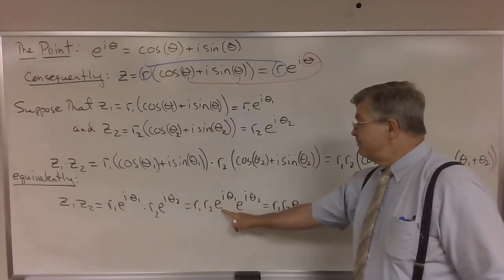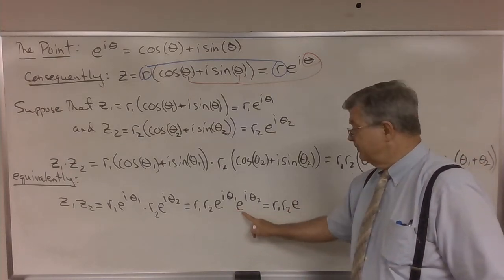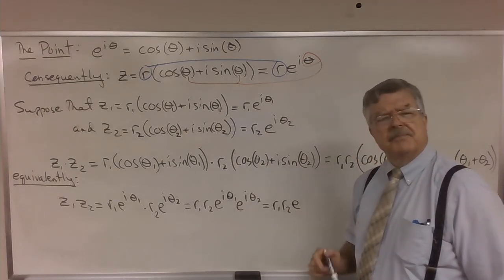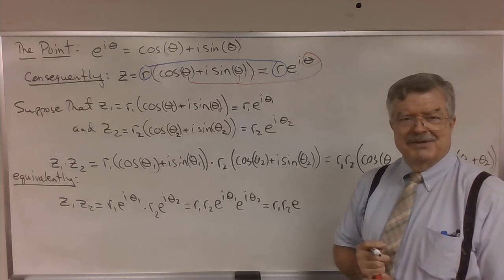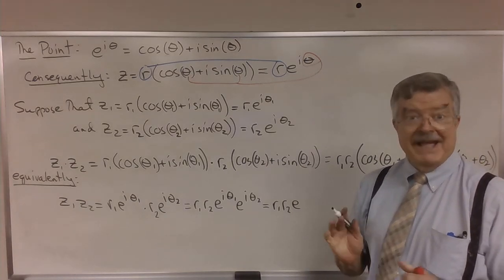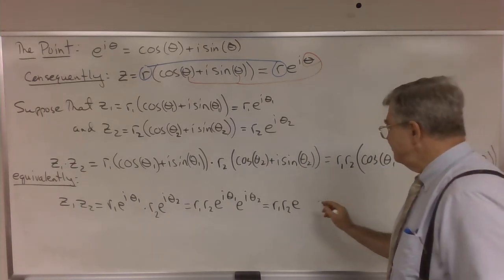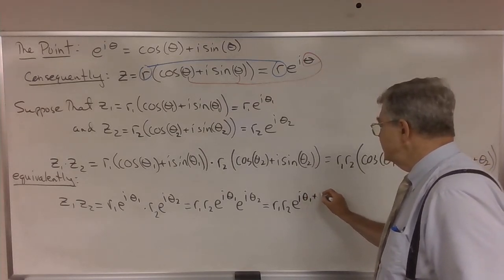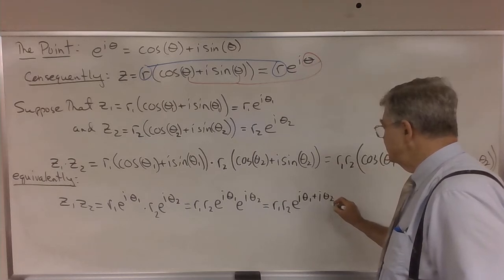We have a common base, e. We have a common base raised to two different powers. So what do the exponents do? They add, don't they? So we're going to get e to the i theta 1 plus i theta 2.